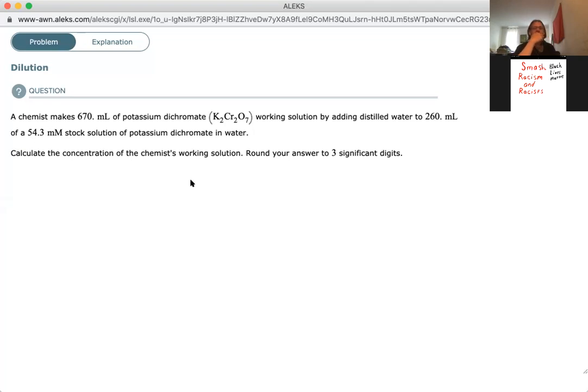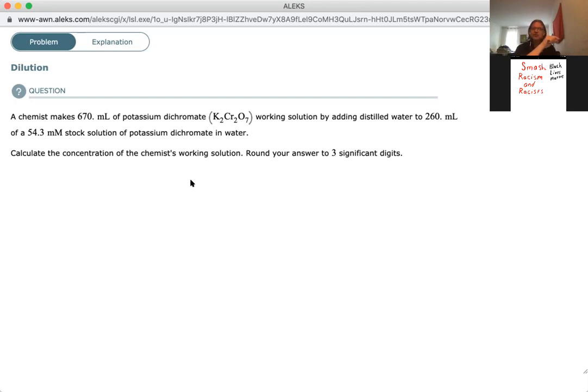So in their language, the working solution is the dilute solution. Calculate the concentration of the working solution. So that's the dilute solution, concentration of the dilute solution. I'm sorry, 670 is the working solution, which is the dilute solution. So the volume of your dilute solution is 670. You're adding water to 260 milliliters of 54.3 millimolar stock.